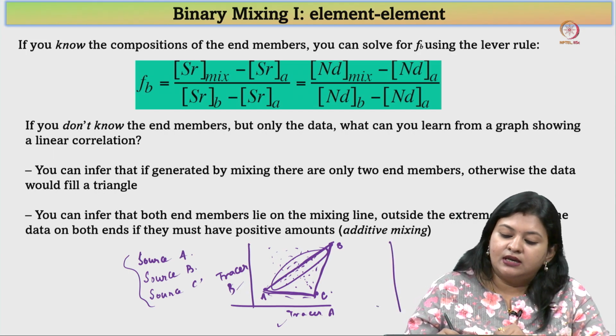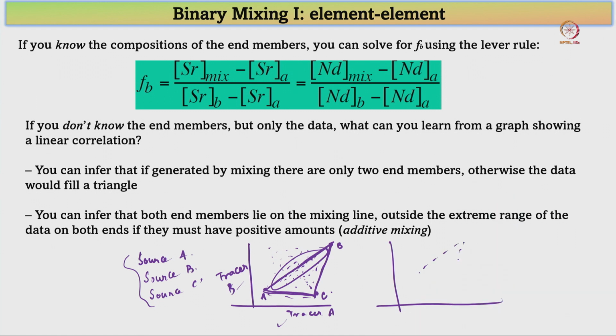For instance, this kind of data spread where you have a triangular data spread, you know this end member A, you know this end member B. So, your data will show you that there is another end member which is here, okay, and the end members will plot far off from the mixing line, all right. The end member will lie on the far end of the data spectrum, right. So, your source end members will be here.